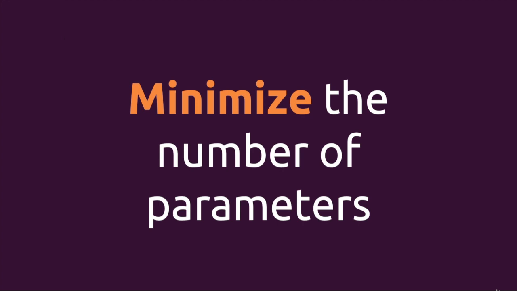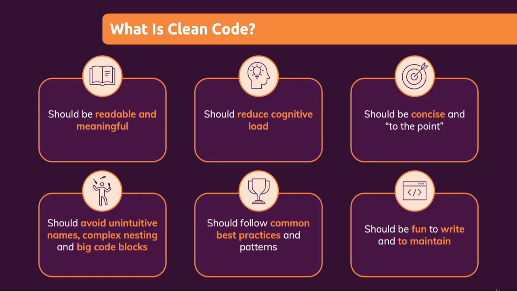You don't need to come up with a way of reducing the number of parameters. Because after all, you should always keep in mind that writing clean code is about writing readable and meaningful code and about reducing the cognitive load. So if we have no cognitive load, because it's clear and easy to grasp what a function does and how we should call it, then of course there is no need to rewrite it.